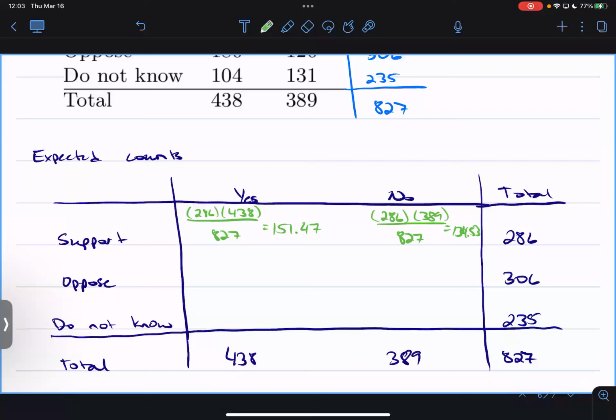Same deal, but moving on to the next row. So now my row total is changed. 306 times 438 divided by 827 is 162.07. Next one, 306 times 389 divided by 827 is 143.93.